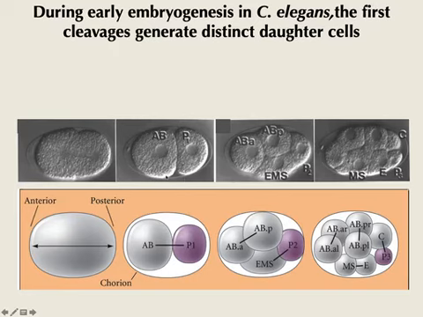A nuance between the two terms could be: polarity is within a cell, you have an anterior side and a posterior side, and the asymmetry is a result of that polarity. You have a small daughter cell and a big daughter cell. But you can use the two terms interchangeably, in my opinion.